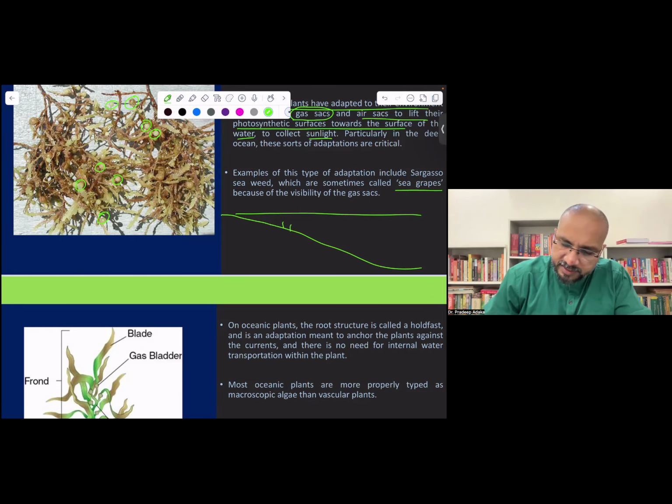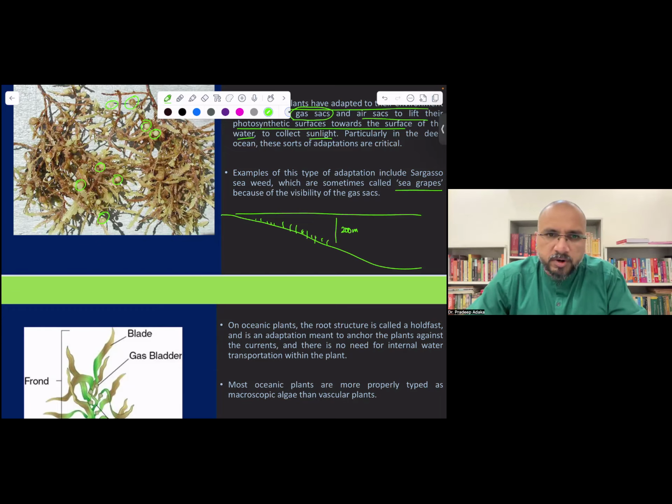Up to about 200 meters sunlight can easily penetrate. So even if they are benthic plants at the bottom of the ocean near the coast, the depth of the water will not be that much. Sunlight can easily penetrate and they can carry on photosynthesis even if they are anchored to the soil deep in the water, but not very deep.